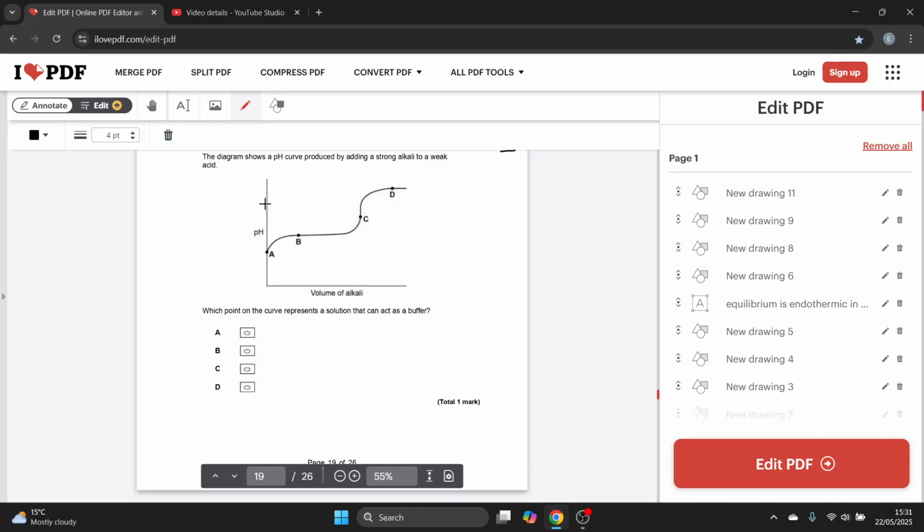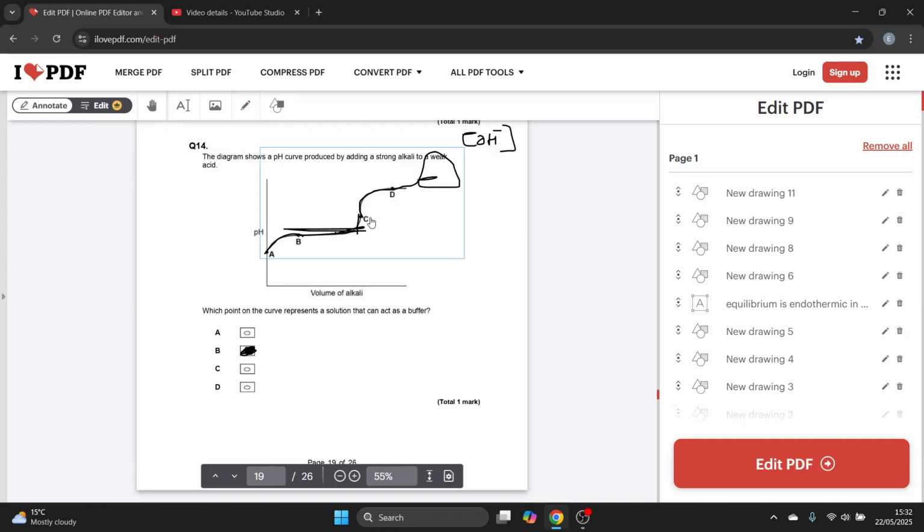It's obviously going to be B then, just by looking at it. Well, A, you go to there, but B, it's just like that. C, you're going up. C, you're going to there. And then D, you don't know where that's going to continue or not. So B is the point of the curve which can act as a buffer.